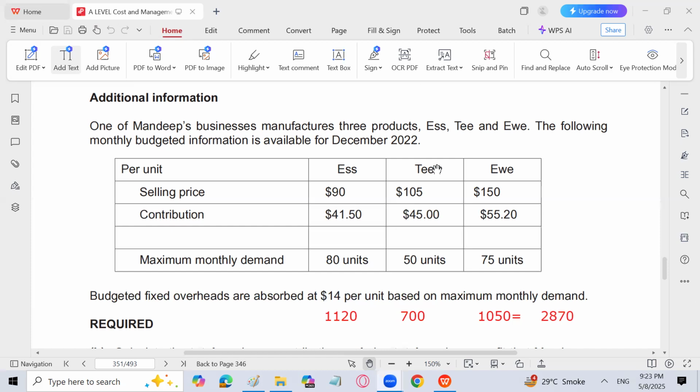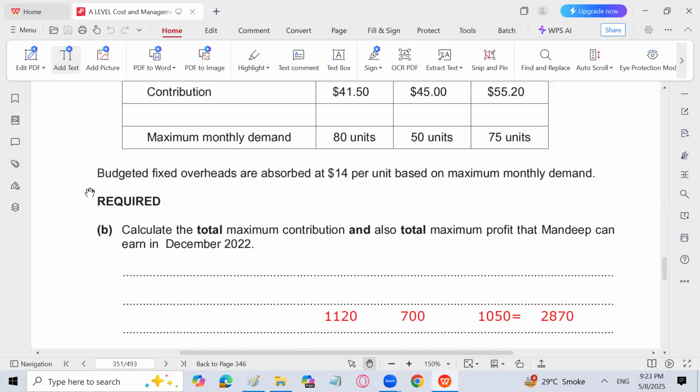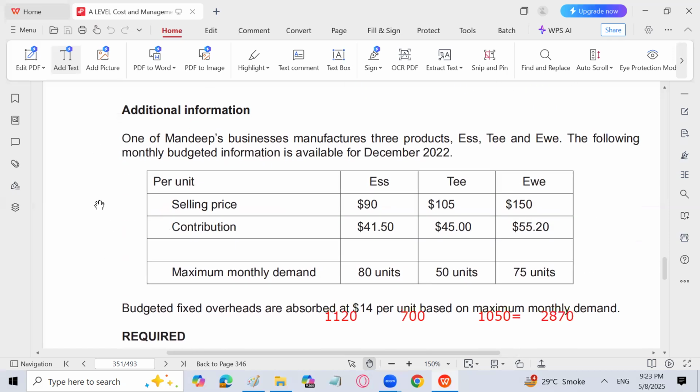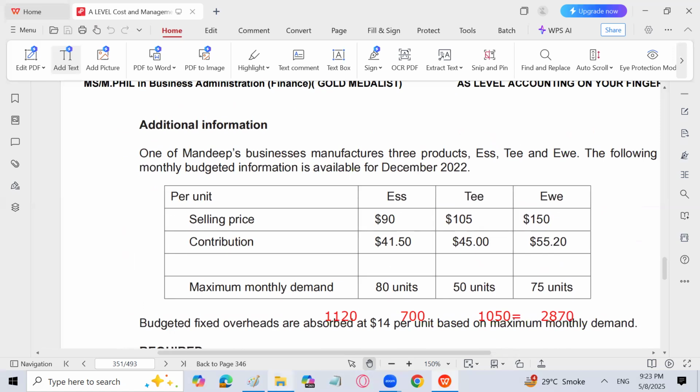Now calculate the total maximum contribution and also the total maximum profit that Mandeep can earn in December 2022. So let's calculate that. Let's find the contribution.